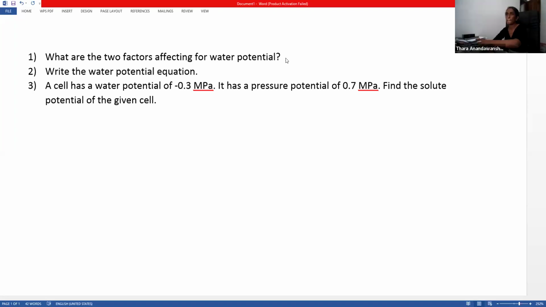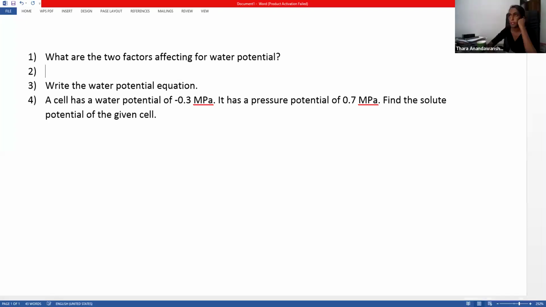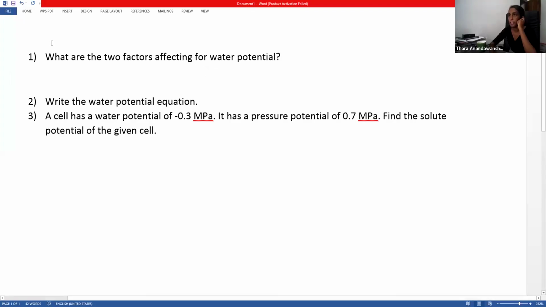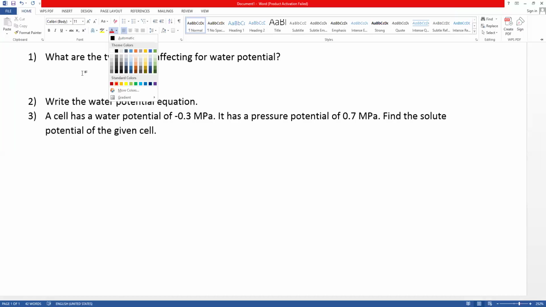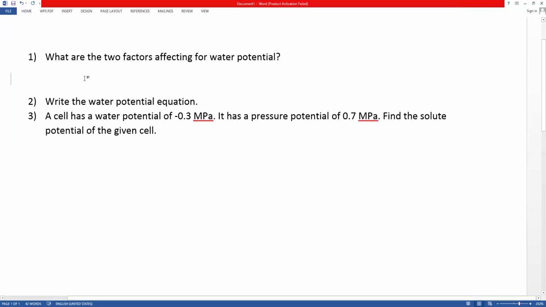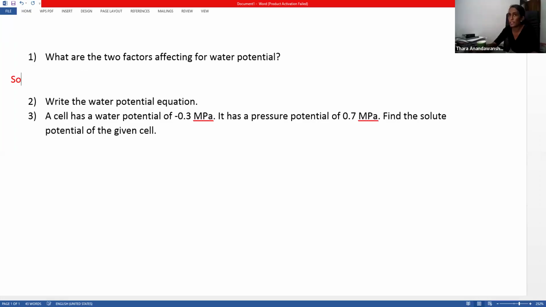First question I'll be discussing. What are the two factors affecting the water potential? What do you think? Solute potential and pressure potential. Yes, solute concentration gradient, isn't it? Am I correct?